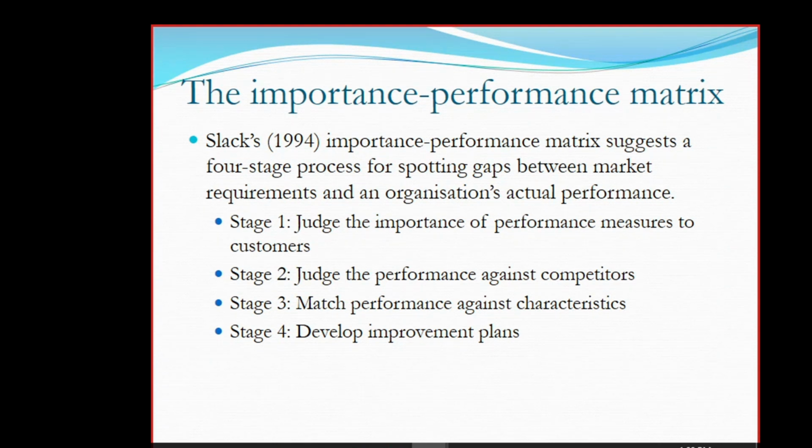It's called Slack's Importance Performance Matrix. It's a matrix that measures the relationship between the importance of quality and how quality actually is in performance. So this matrix has 4 stages. Okay, let's move and talk about the stages one by one.